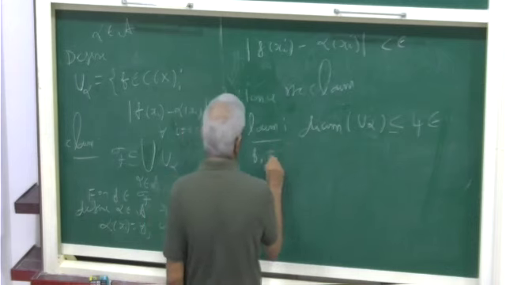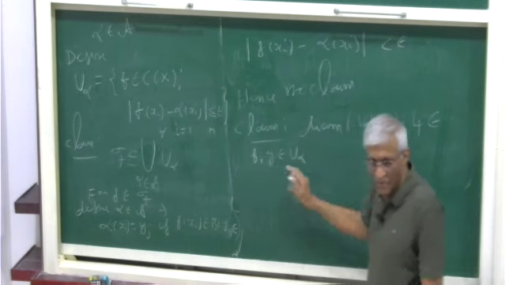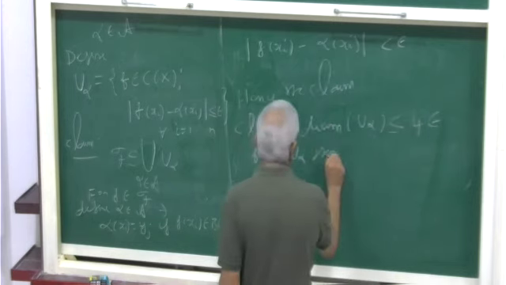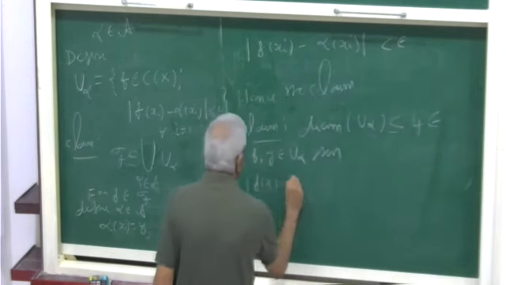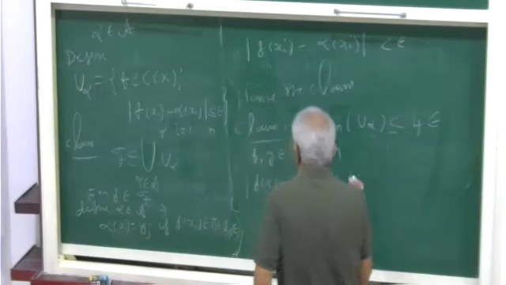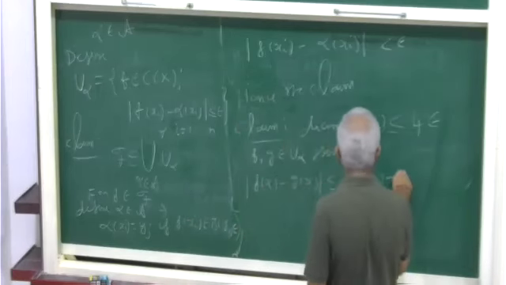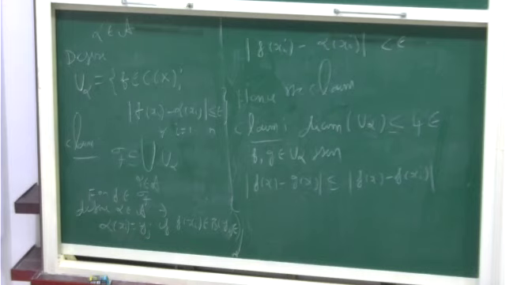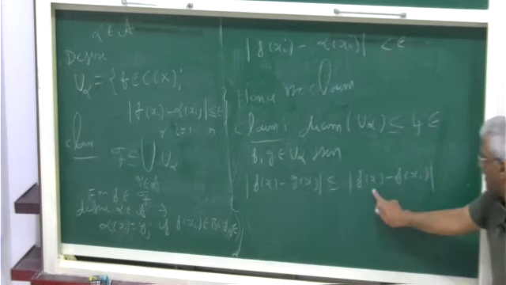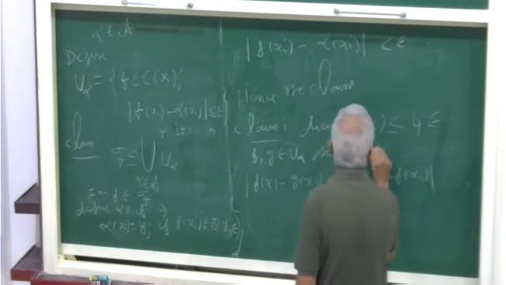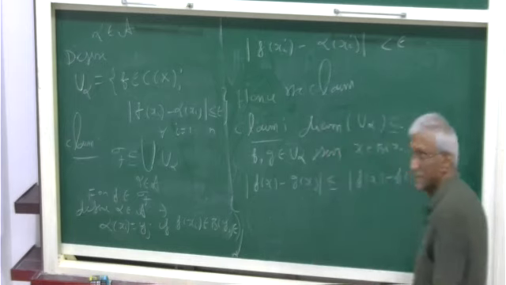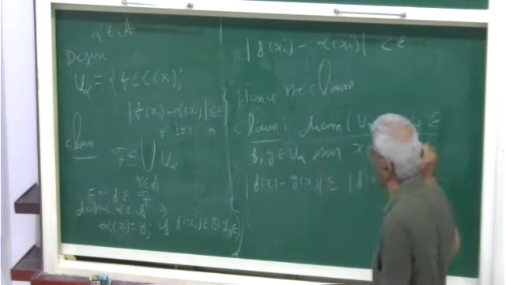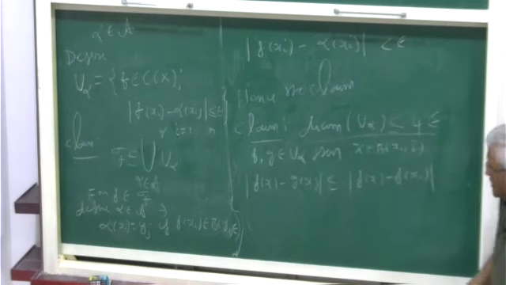If you have f and g in u alpha, we have to show that the difference between them is small. Then f of x minus g of x is less than or equal to 4 epsilon.